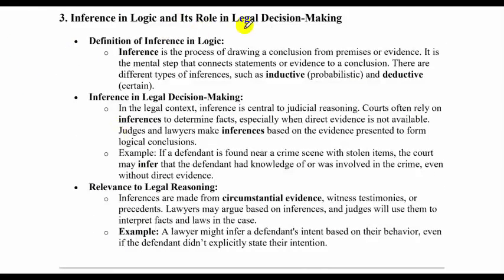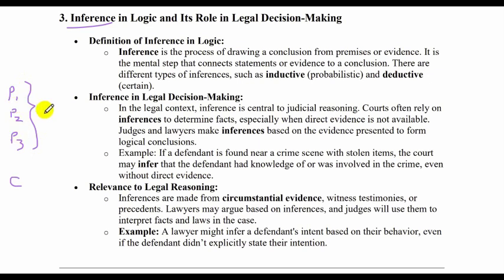Inference in logic and its role in legal decision making. To make you understand quickly what inference is, I'll show you with a flow chart. We have premise 1, premise 2, and premise 3, and then we have a conclusion.